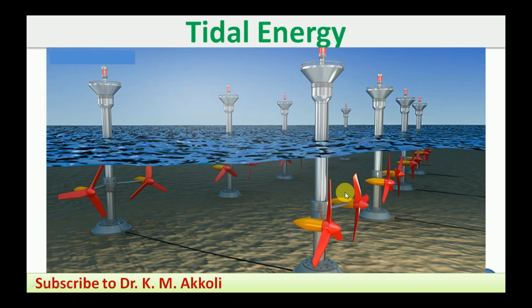The potential energy present in the tides at a particular height is tapped into a dam constructed at the seashore. The water enters the dam at high tide and goes back through the turbine at low tide, thereby generating power.